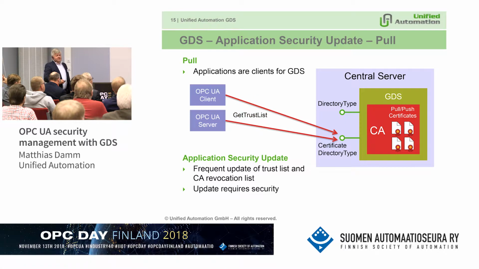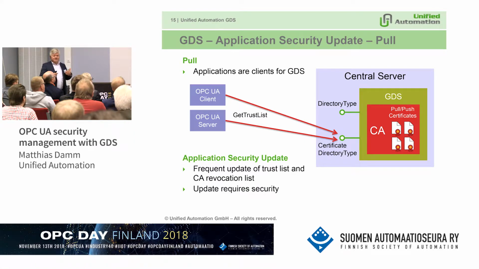But then you need to frequently update the trust lists and revocation lists, and this is done by clients and servers with this get trust list, so this is executed frequently, and this no longer needs administrative rights. The applications just authenticate themselves by their application identity that is known to the GDS, so they can do that on their own, and that's what we call the pull model.